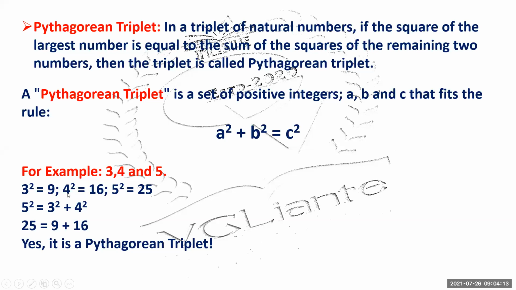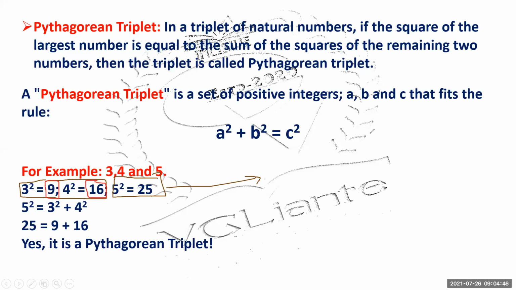Understand? What you have to do here is just understand the basic trick in this. What is the basic trick? Whatever is the greater number, just separate it out. And then you check the other two, and you try to add their squares. 9, 16.